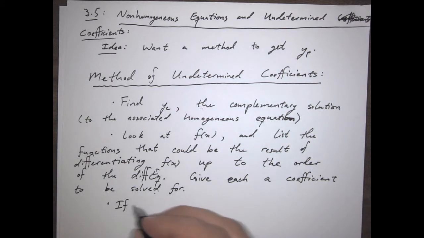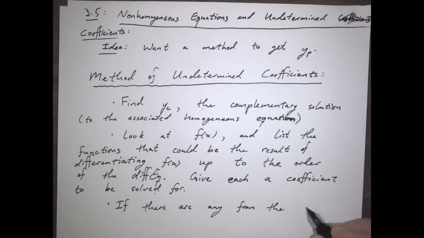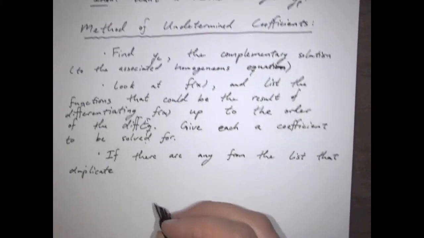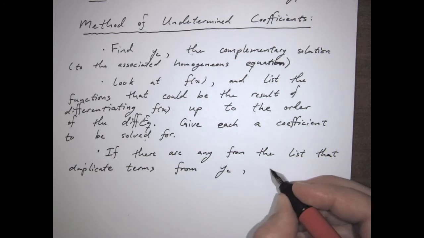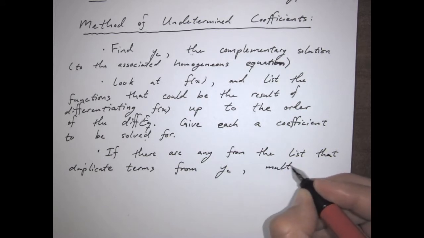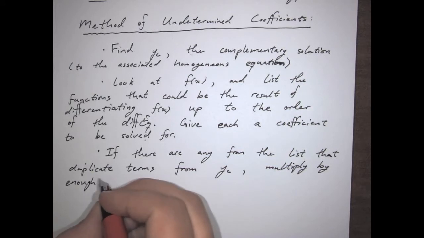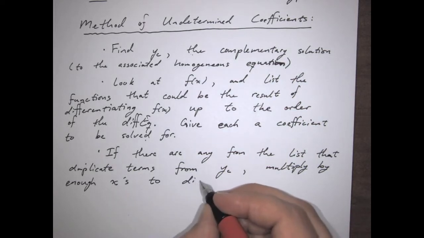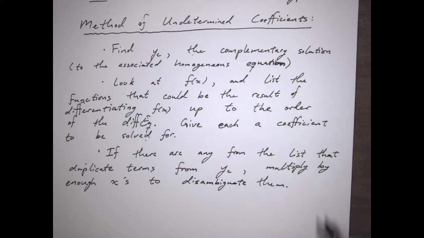Then, if there are any from the list that duplicate terms from yc, multiply by enough x's to disambiguate them. You'll see this best in an example.